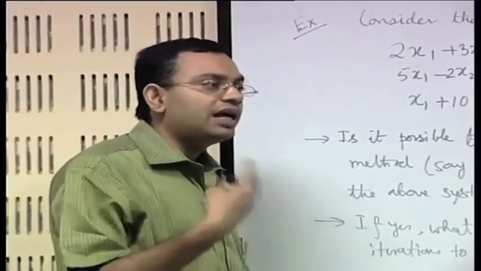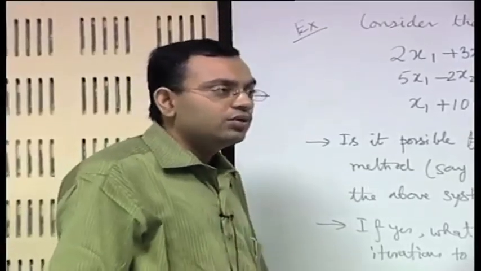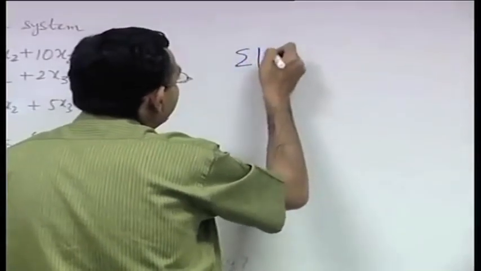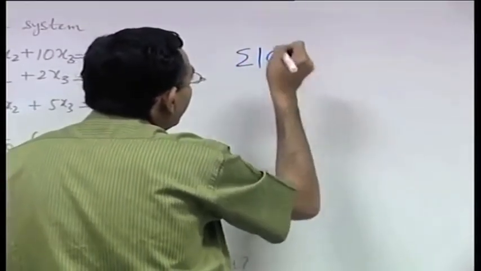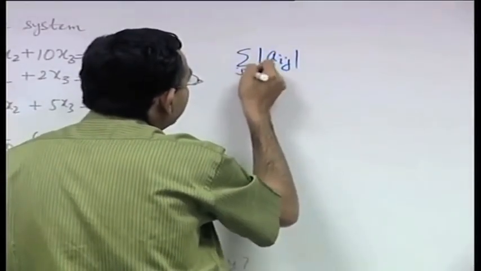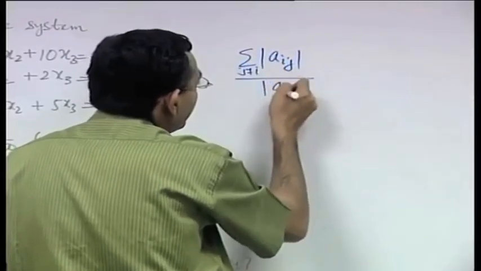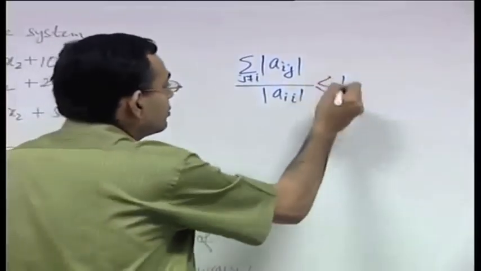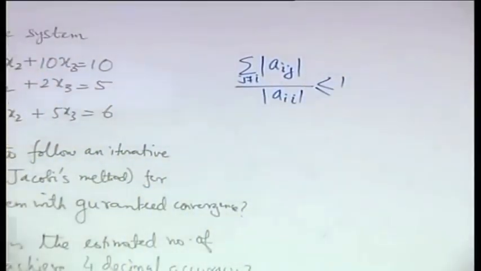If we take a row sum norm, what we expect is that the summation of mod of aij, where j is not equal to i, divided by aii, is less than or equal to 1. Of course, less than 1 for at least one equation, but in general less than or equal to 1. Now, what does it mean?